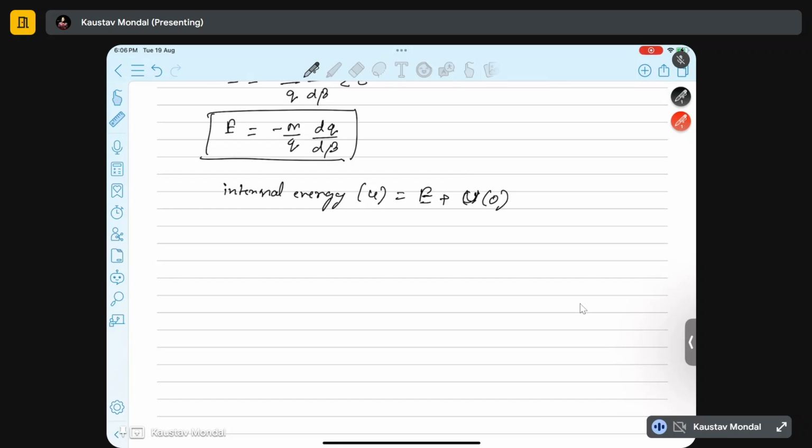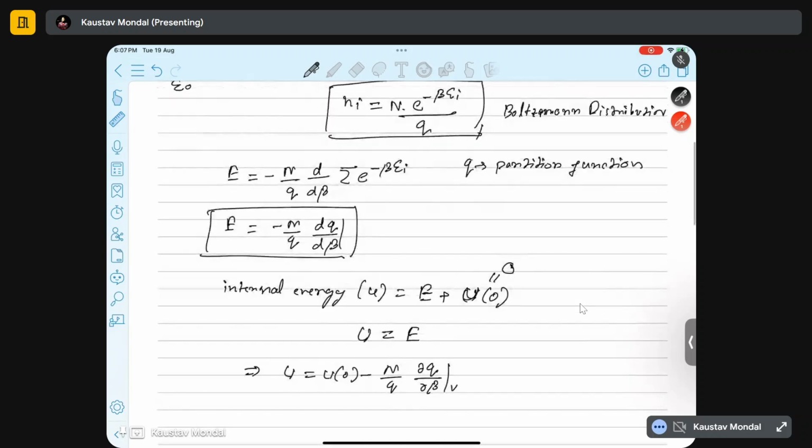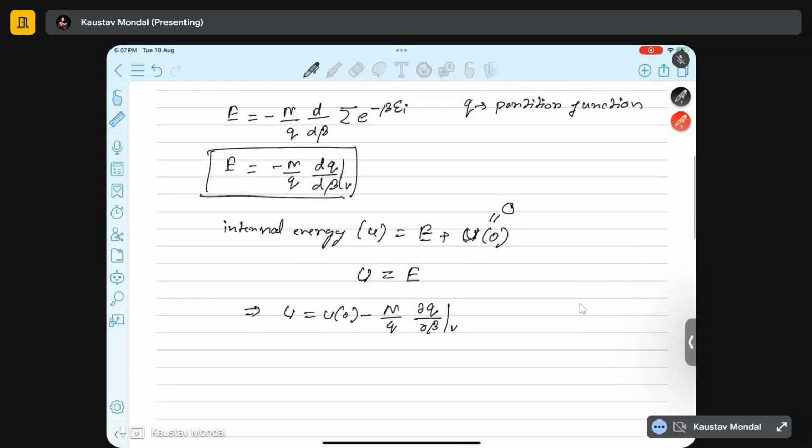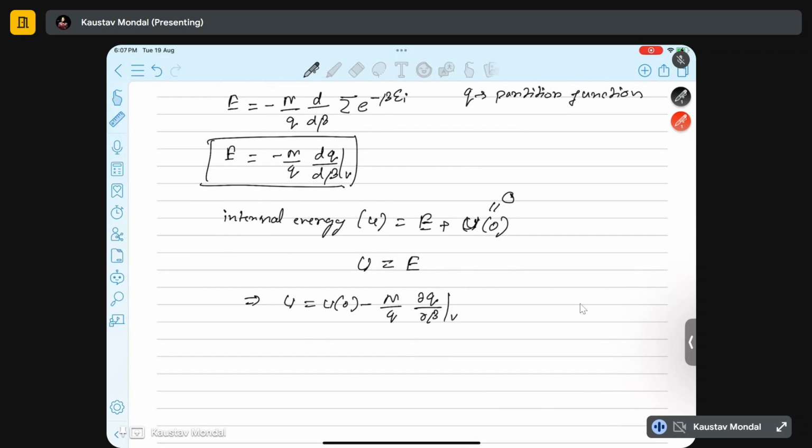If the internal energy is 0 at T equal to 0, then the internal energy will simply be equal to the total energy of the system. So the general expression of internal energy is U0 minus N by Q del Q by del beta at constant volume. This is the general expression of the internal energy of a system at a particular temperature.